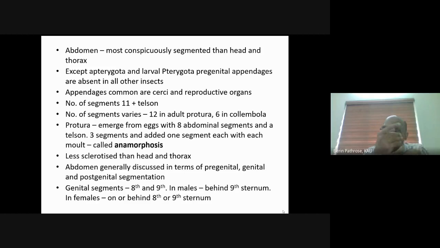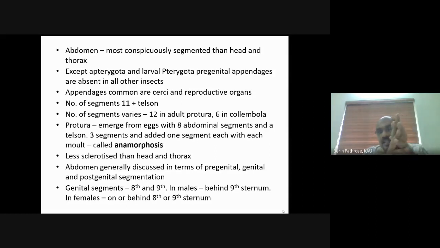But as the insect evolved over time, that ability was lost, and the certain genes which code for the development of appendages are suppressed. That's why the appendages are not formed. Scientists have now evolved techniques to make that gene work in the insect itself, so that the insect can develop appendages in the abdomen. So that is the theoretical part.